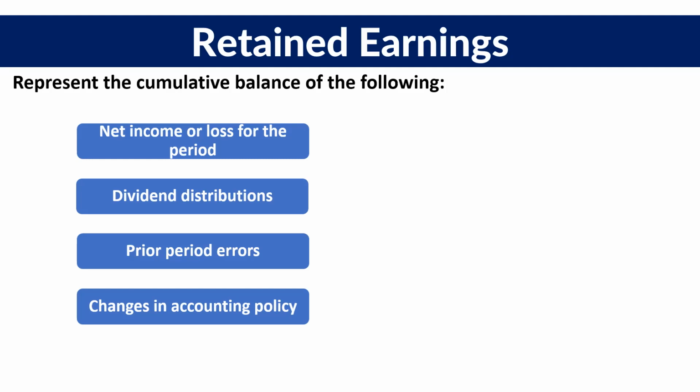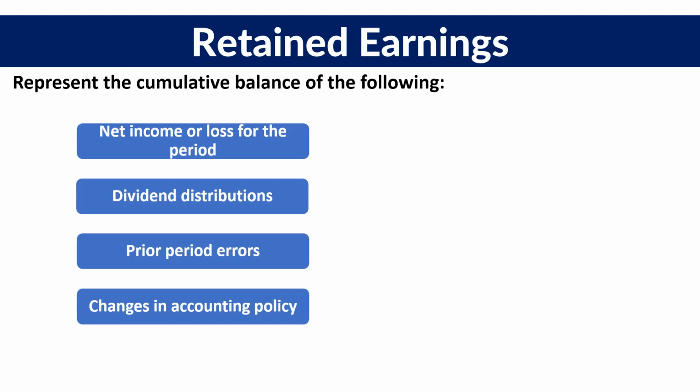If that's the case, there will be a difference between the beginning inventory presented using the FIFO method as compared to the inventory that should have been if weighted average was used. So in that case, we need to adjust our retained earnings to reflect that change in accounting policy.